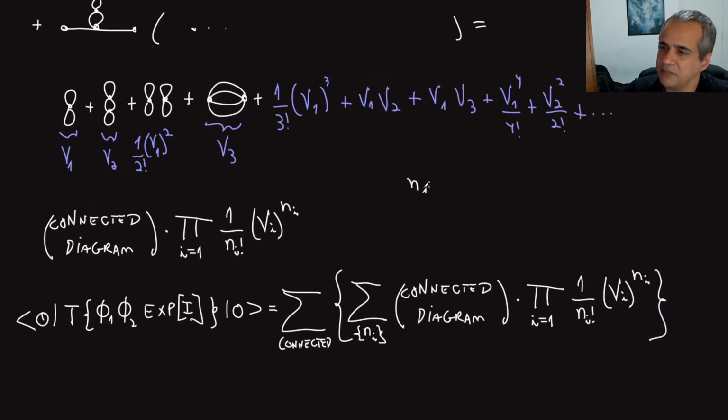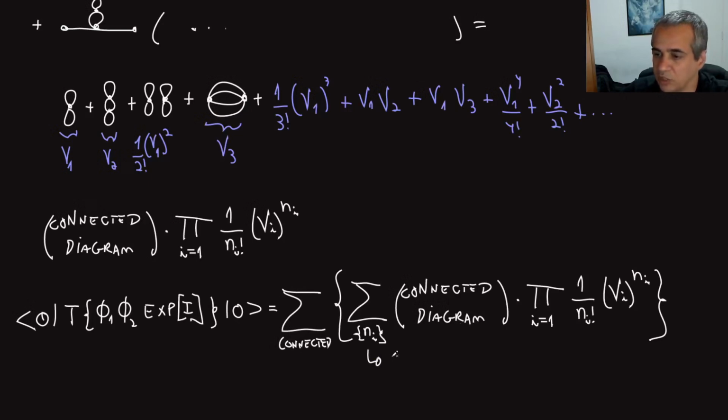Once I specify this vector ni, I know how many and what kind of bubble diagrams I'm multiplying the connected diagram by, and also summing over. So that's my whole perturbative expansion now, just reorganized in terms of the vacuum bubbles.